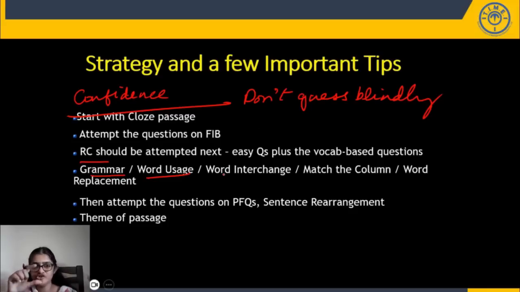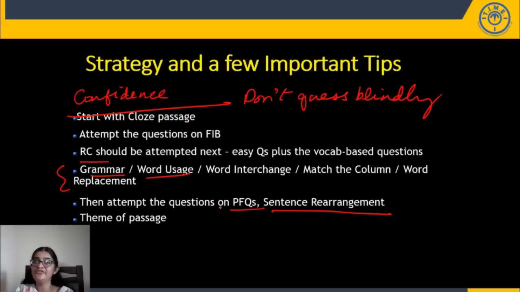Word interchange, you have to read the sentence, figure out the meaning. Then match the column. Again, if your grammar is perfect, match the column can be done quickly. Word replacement, all these question types you can attempt next. After that, you may want to look at the sentence rearrangement questions first, and then the para formation. Para formation takes time.